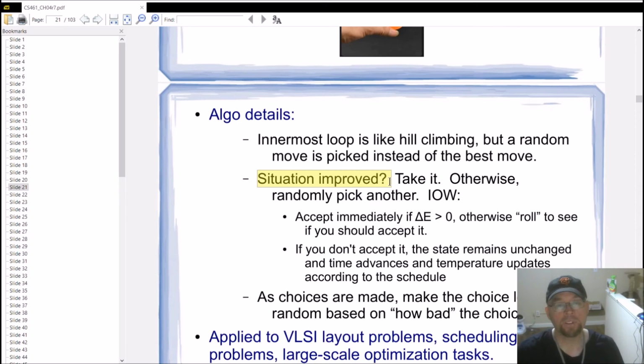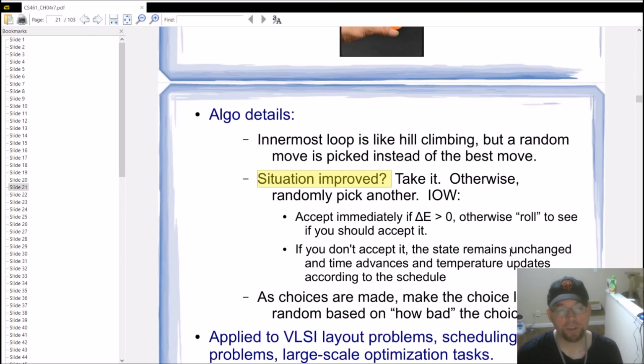So what happens is you pick one of those, and then based off of some value, some variance, if that evaluation is greater than zero, take it. Otherwise, roll to see if you should take it. If you don't, then the state remains unchanged. Time marches on.